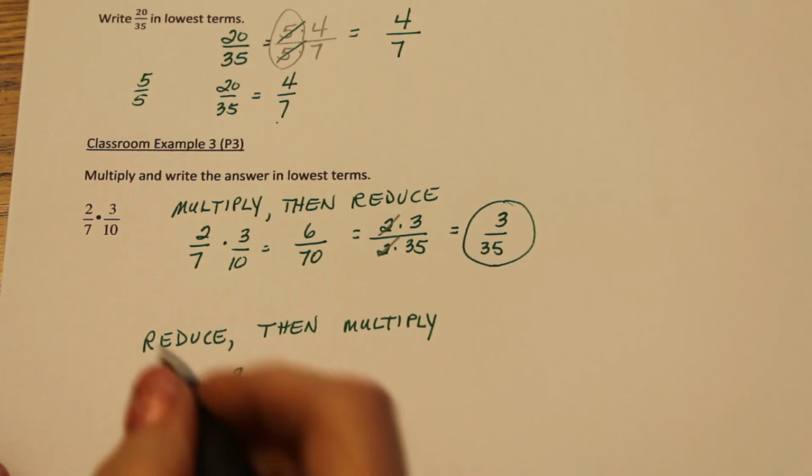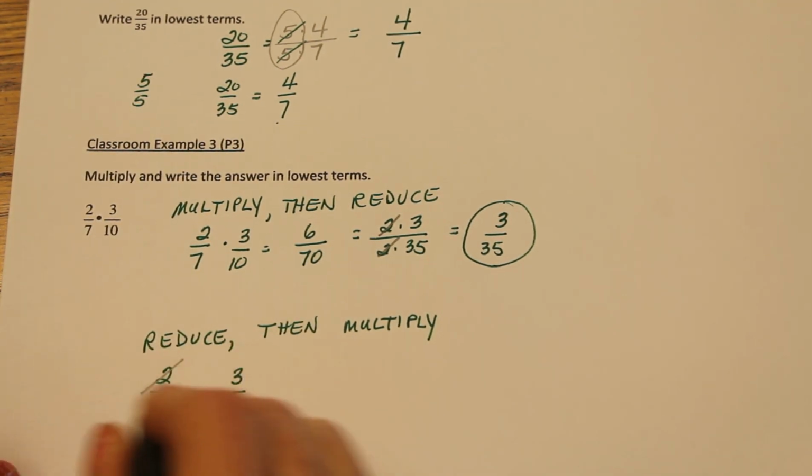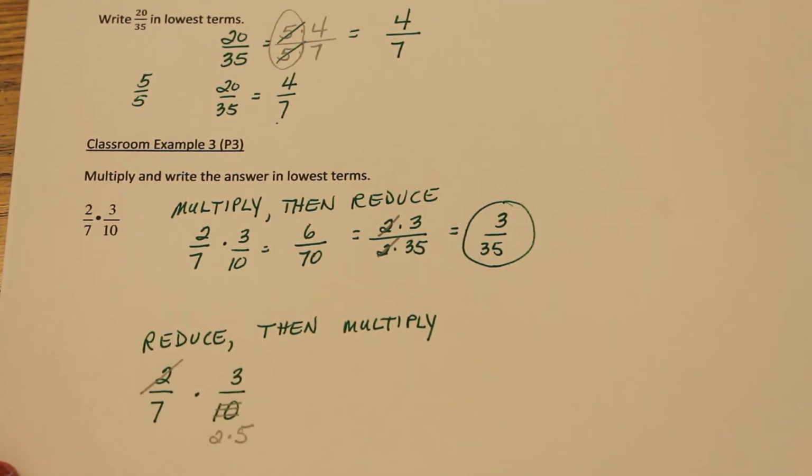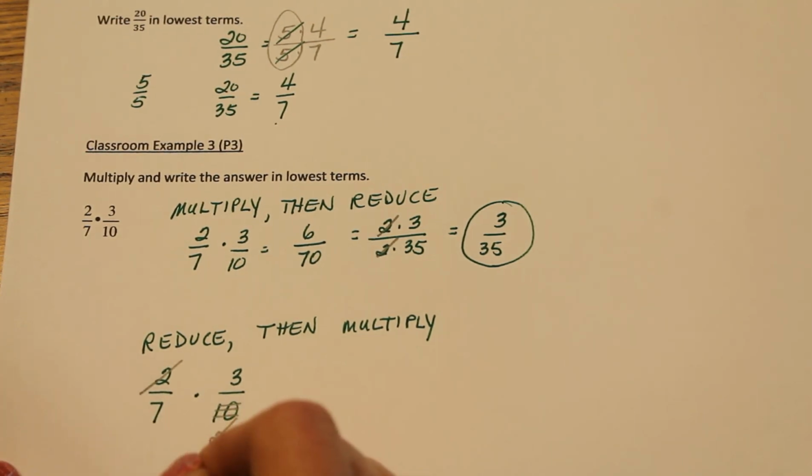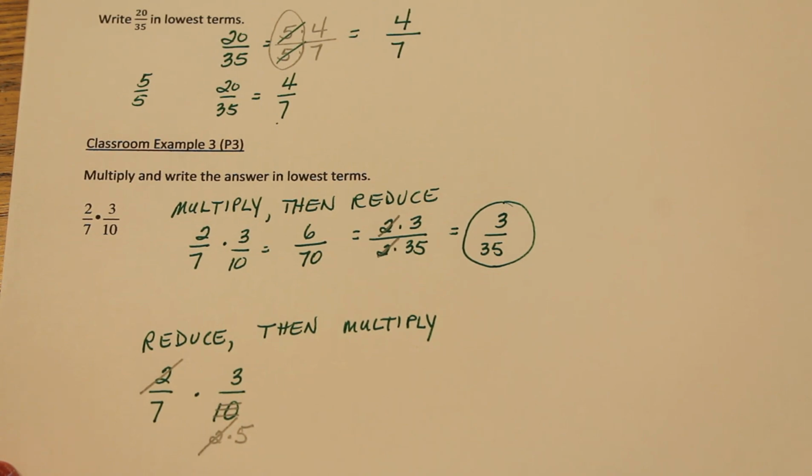I have a 2 in this numerator, and since you're multiplying, you're going to multiply across, so it's okay that this is the numerator of the first fraction. And I'm going to factor out or reduce by that 2 in the second fraction. 3 is a prime, cannot be rewritten. The only way you can get a 3 is 3 times 1. 7 is a prime. The only way you can get a 7 is 7 times 1, and so is 5.